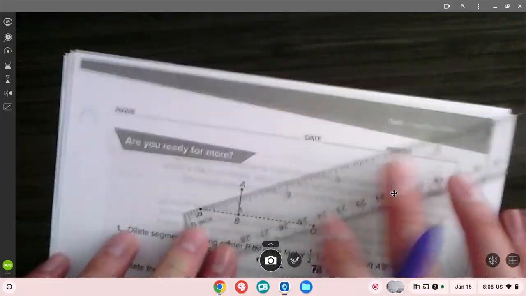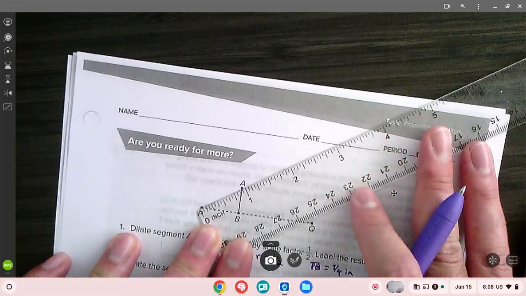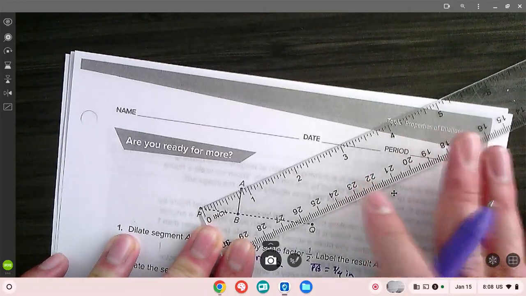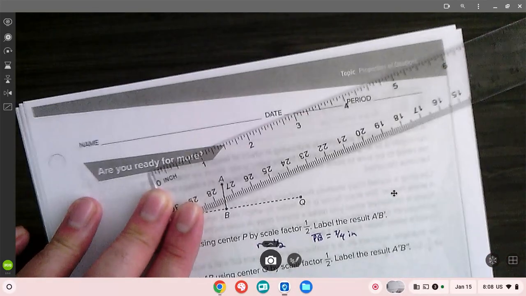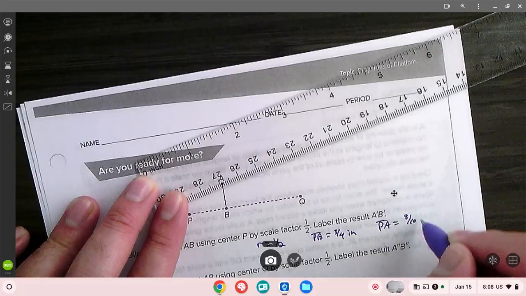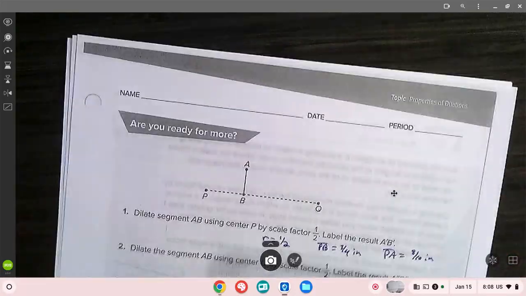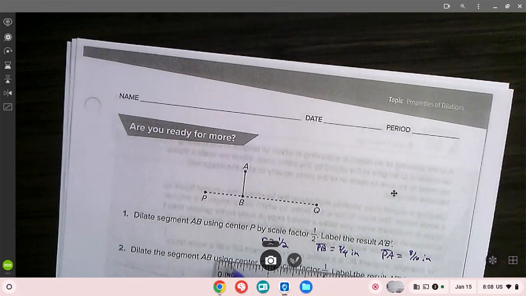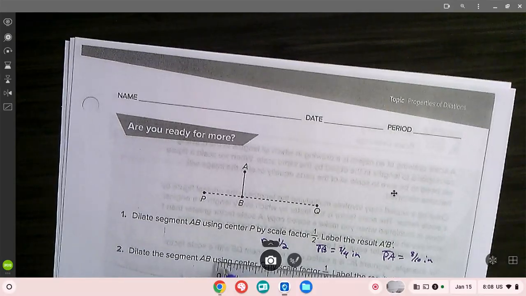What about PA? It's about 0.8 of an inch. So 8 over 10. PA is equal to 8 over 10 inches. There's 10 points, right? Oh wait, no, there's not. There's 1, 2, 3, 4, 5, 6, 7, 8, 9, 10, 11, 12, 13, 14, 15.